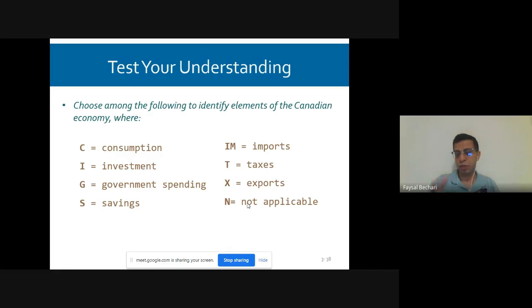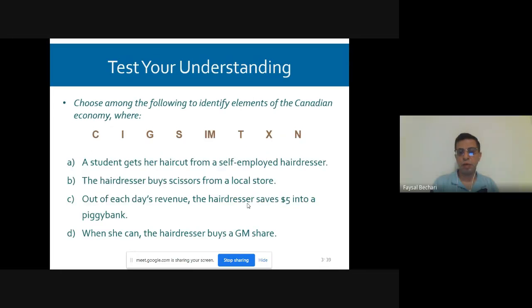Consumption, which stands for C, investment I, government spending G, saving, which stands for S, import IM, export X, T, taxes, and not applicable. So we need to choose among these which appropriate letter or word is the right one.